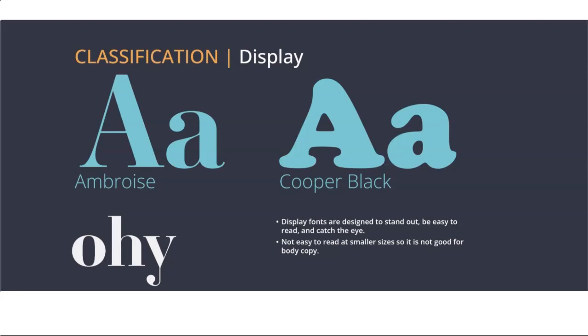So not good to use for body copy, but great to use for larger text or display type. Typically, display type means that it is 14 point or beyond, so 14 plus. So again, using them for headers and larger text.